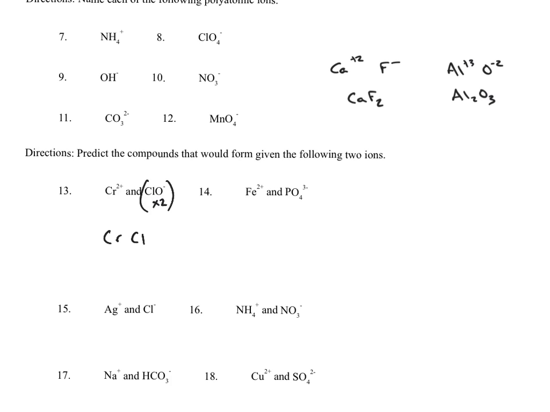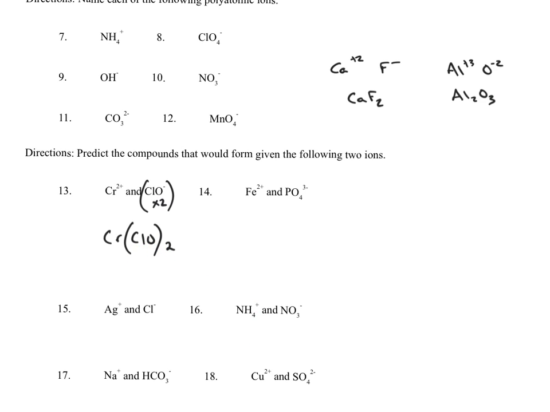Hypochlorite is ClO, and we're not going to write the charge because we hope they all cancel by the time we're done. And I need 2 of them, so I'm going to put that whole polyatomic ion in parentheses and put a 2 after it like that. That indicates to the person reading it that you have 2 hypochlorite ions.